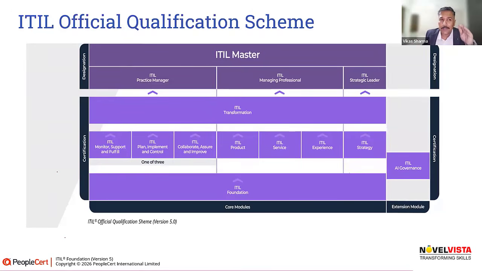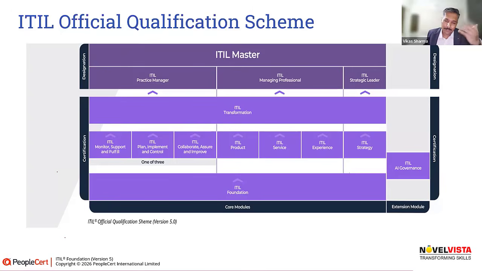Now, when it was launched earlier, they said ITIL 4 is more like a revolution, like the fourth industrial revolution, so ITIL 4 would be good enough to meet those requirements. But overall, when we look at it, ITIL 4 somewhere has failed to meet those expectations in the market.